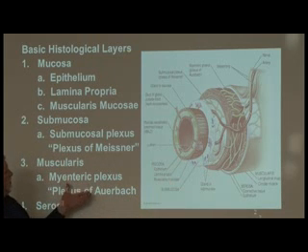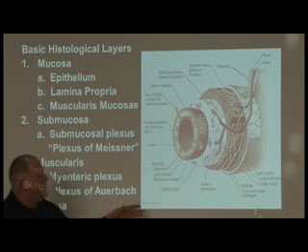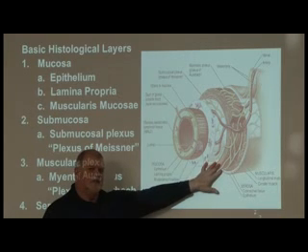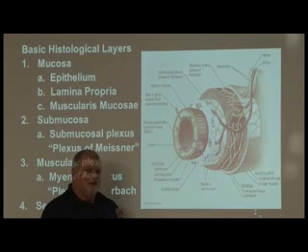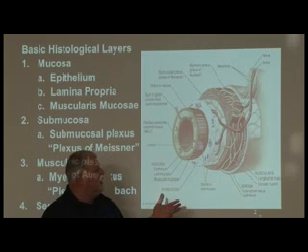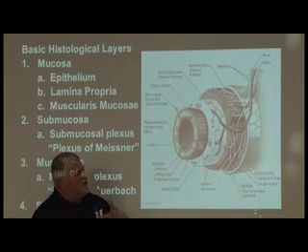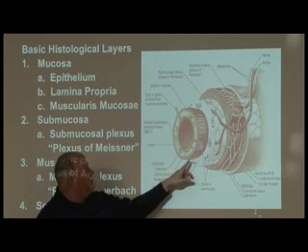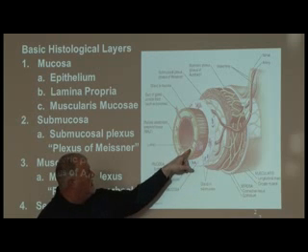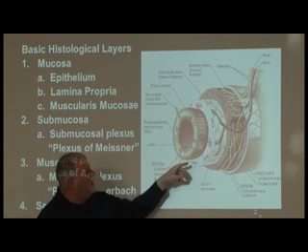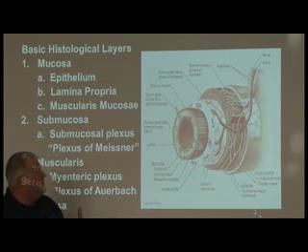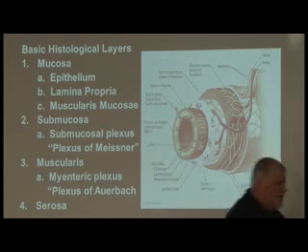The myenteric plexus, or the plexus of Auerbach, controls peristalsis and mass peristalsis within the digestive system as well. What we're going to focus on more is the role of the enteroendocrine cells that are part of the epithelium and the role of those hormones in trying to maintain homeostasis within the digestive system as well.